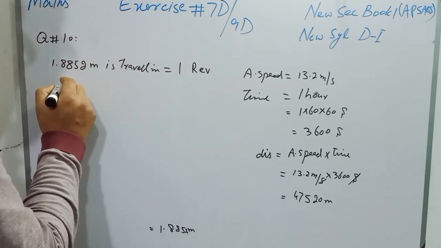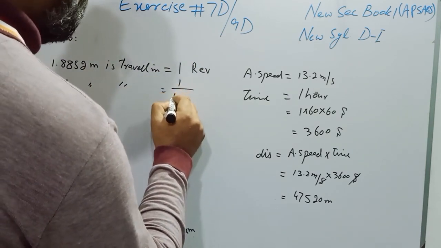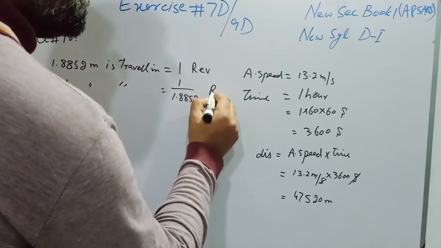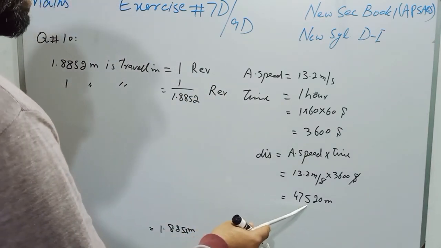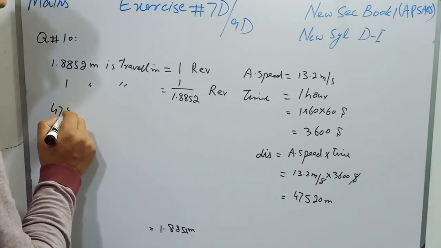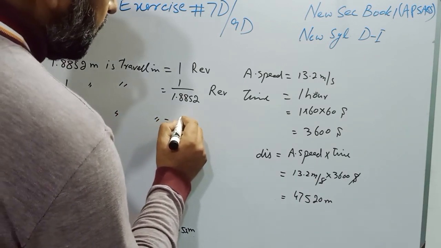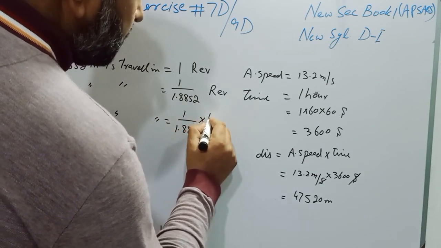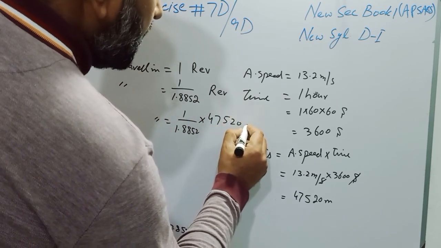And 1 meter is traveled in 1 over 1.8852 revolution. And students, the total distance is 47,520 meters. So 47,520 meter is traveled in 1 over 1.8852 multiplied by 47,520 revolutions.